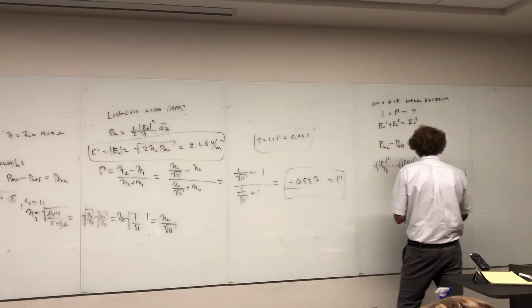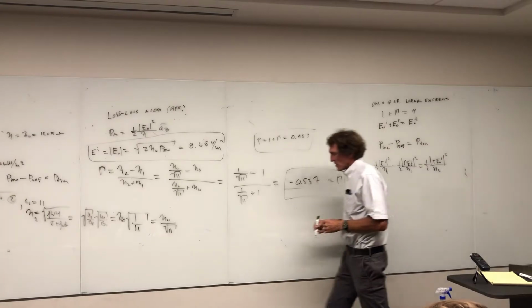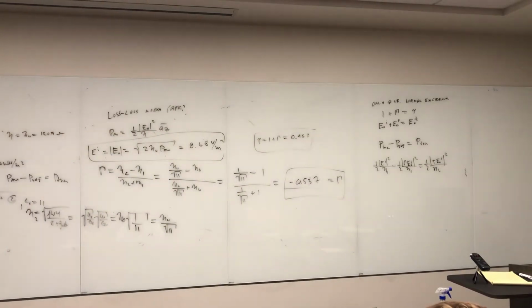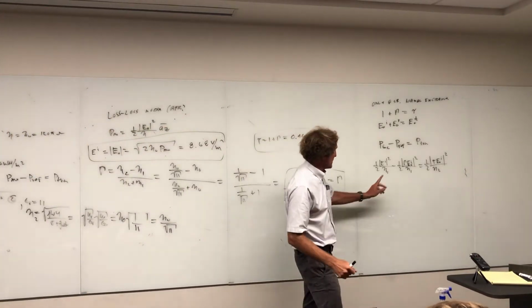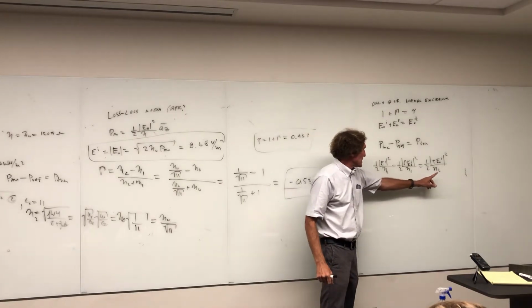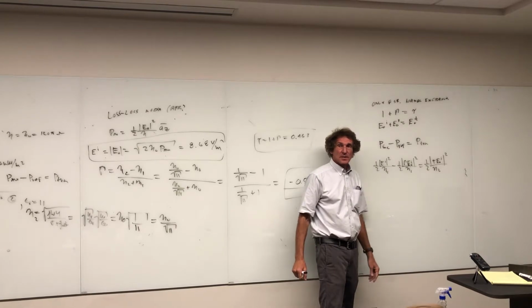And the transmitted power density is 1/2 times the magnitude of the transmission coefficient times E naught incident squared over eta 2. Now, go ahead and look at that. I've simply substituted in terms of the E field and transmission or reflection coefficients for the incident, reflected, and transmitted power density. This is incident, this is reflected, and this is going to be transmitted. You all see that? Can you all see this, class?